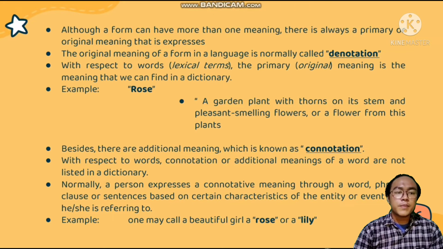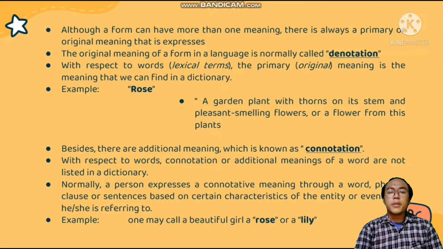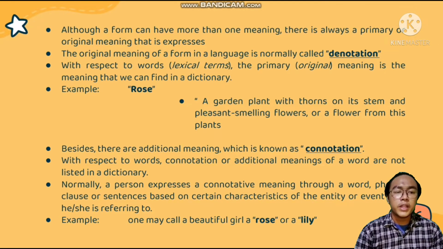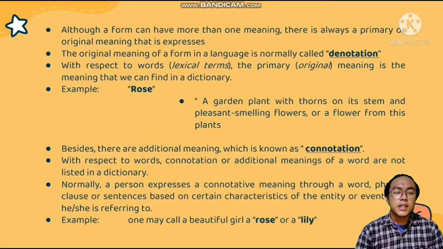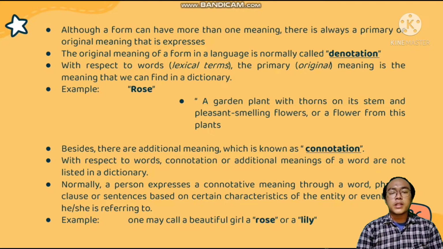With respect to words, lexical terms, the primary or original meaning is the meaning that we can find in a dictionary. For example, a rose is a garden plant with thorns on its stem and pleasant smelling flowers, or a flower from these plants. Besides, there is additional meaning, which is known as connotation.